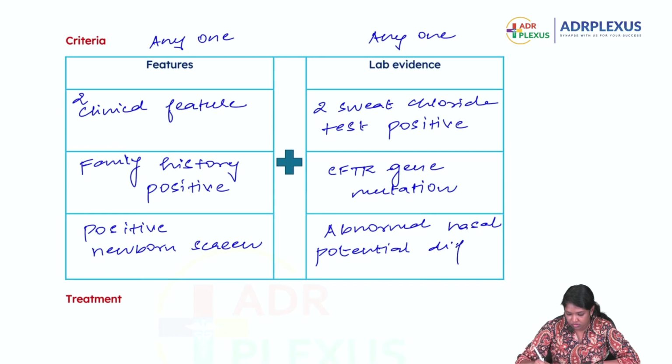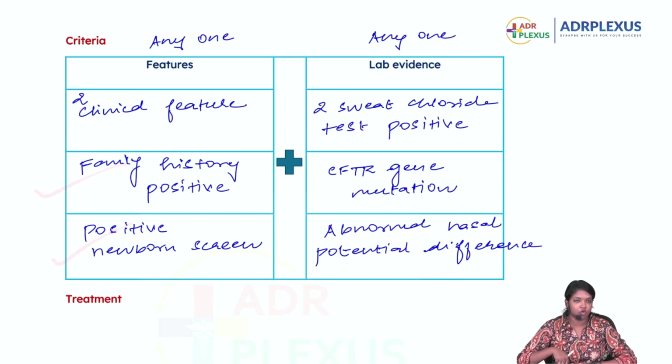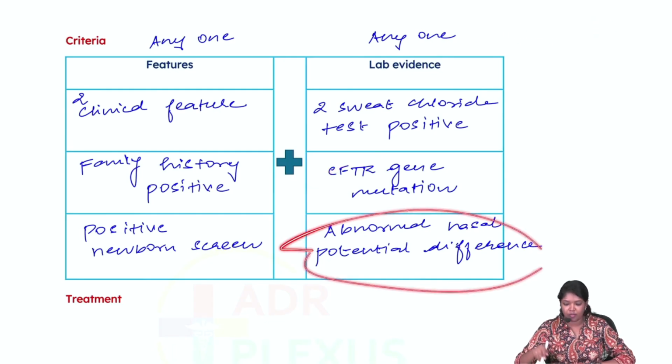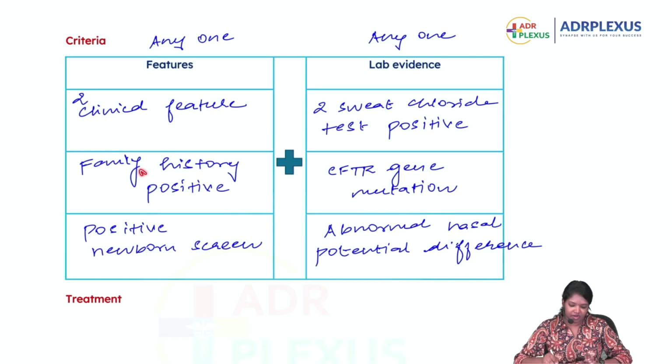This is diagnosis. Okay. Either clinical features or family history or positive newborn screen, any one. Two positive sweat chloride tests or CFTR mutation or abnormal nasal potential difference, any one. Okay. This plus this. Any one from this side and any one from that side is the criteria for diagnosis.